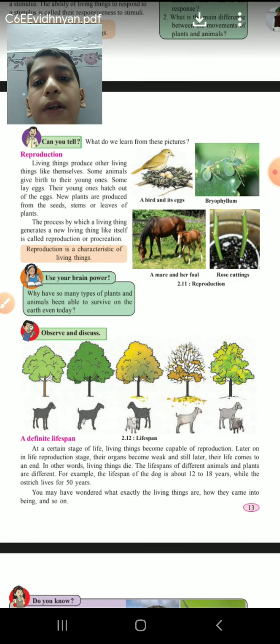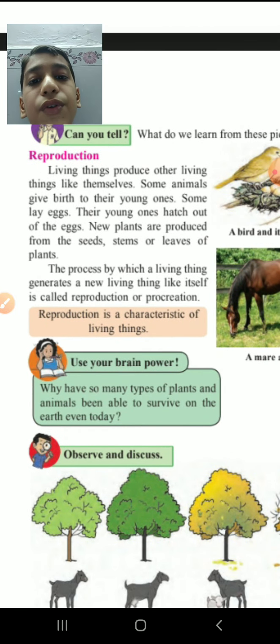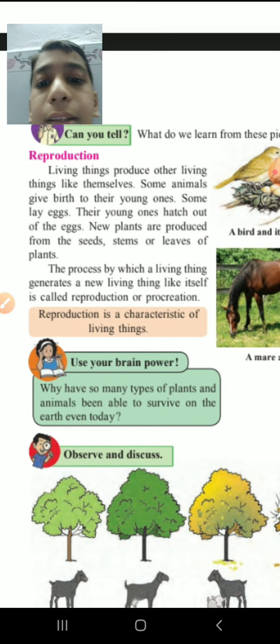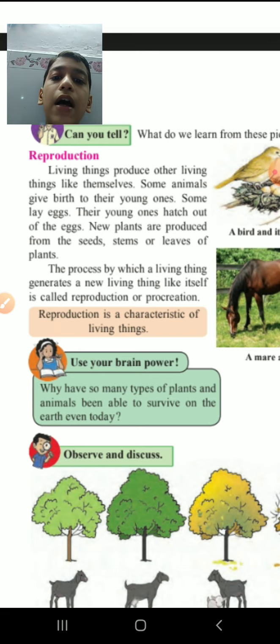Can you tell? Reproduction. Living things produce other living things like themselves. Some animals give birth to their young ones. Some lay eggs. Their young ones hatch out of the eggs.